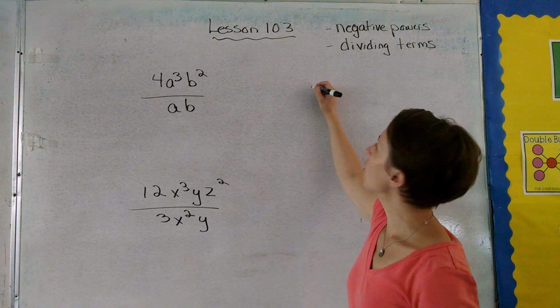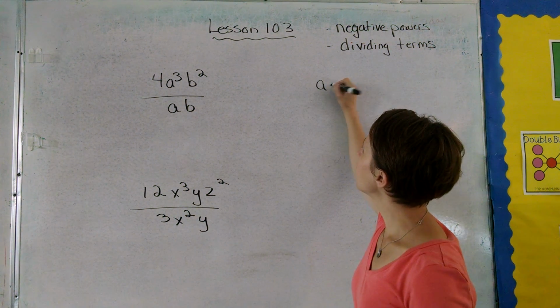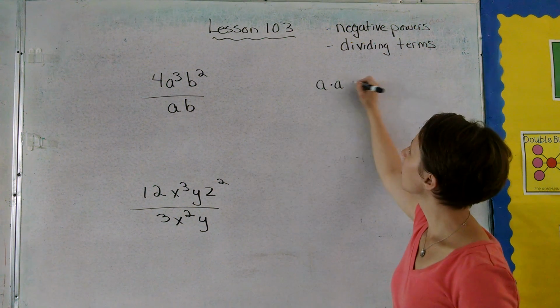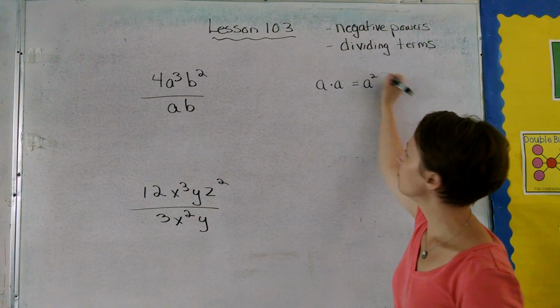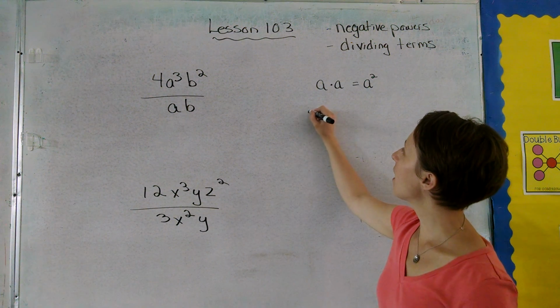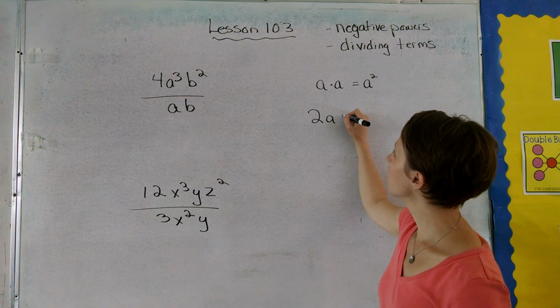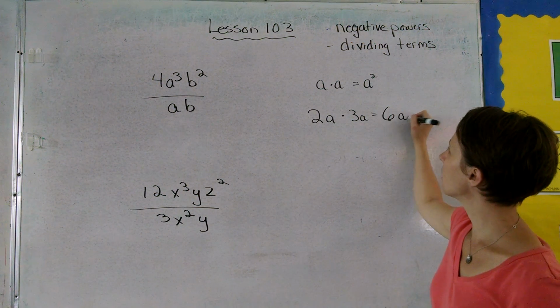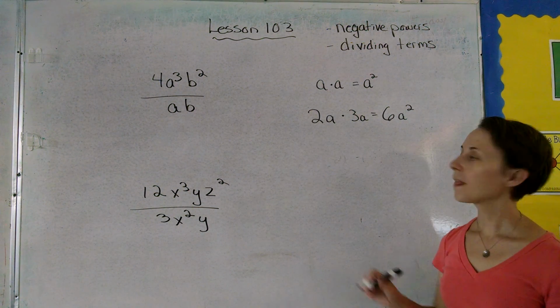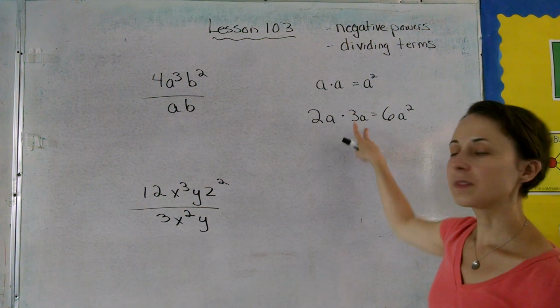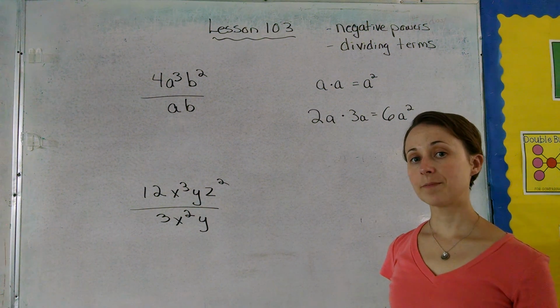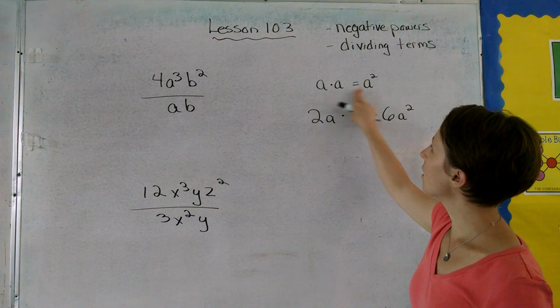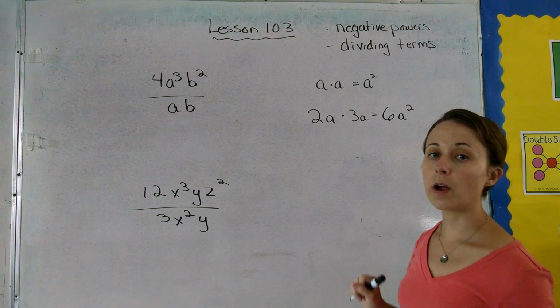And you already know things like if I have an A times an A, that gives me an A squared. Or if I have 2 A's times 3 A's, that gives me 6 A squared. When I have letters called terms or variables, if I multiply 2 together, it's the same as squaring it.